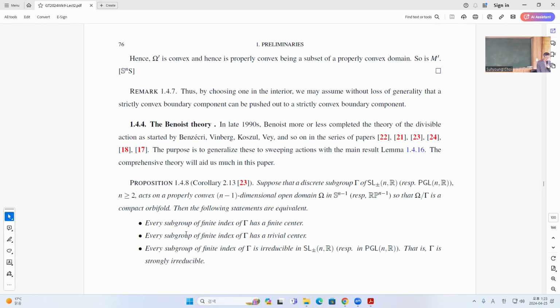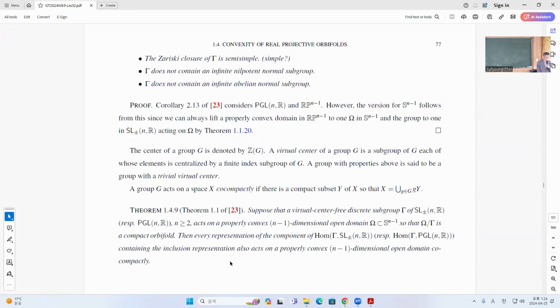So the following are equivalent. Every subgroup of finite index has a finite center. Every subgroup of finite index has trivial center. Every subgroup of finite index is irreducible. So if every subgroup of finite index is irreducible, then it's called strongly irreducible. So that's the definition of strongly irreducible. And the Zariski closure is semi-simple.